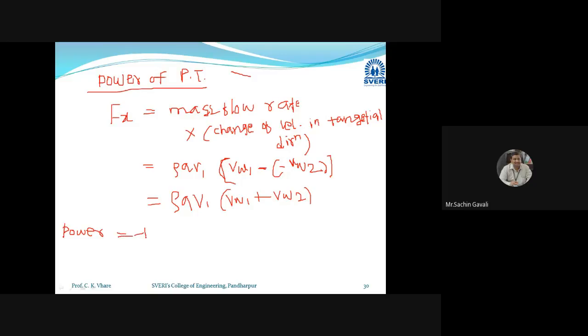Power is equal to Fx into u, and u is equal to u1 equals u2 for a Pelton turbine. Therefore it becomes rho A V1 into VW1 plus VW2 into u, because the minus is there, but the directions of both are opposite, so VW1 plus VW2 into u.